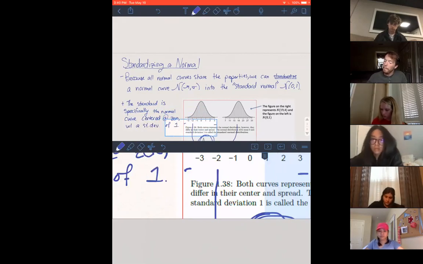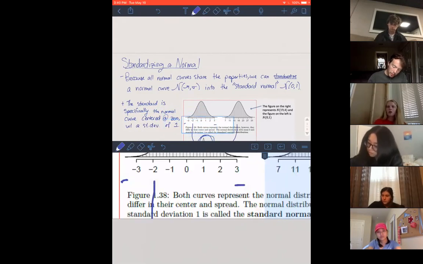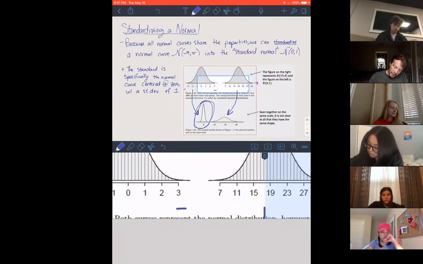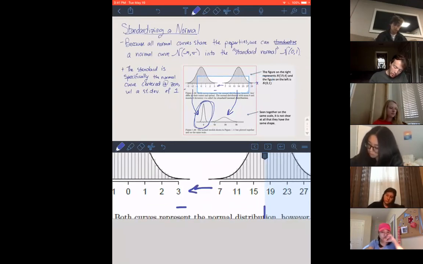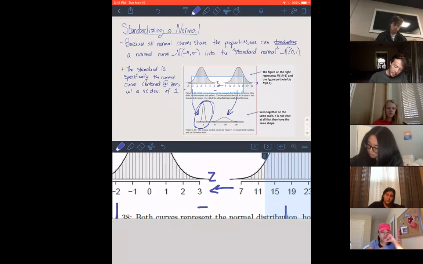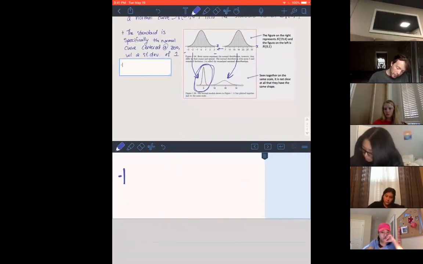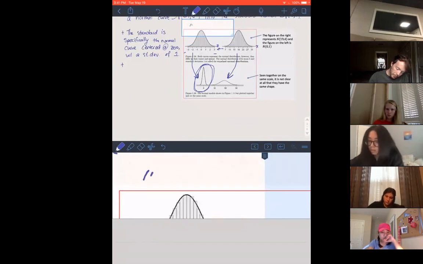Okay? So the only thing that really changes from here to here is the x-axis. This is our x-axis right here. Whenever you change an x-axis to look like this, we call this new axis the z-axis, which I'm going to talk about right now.